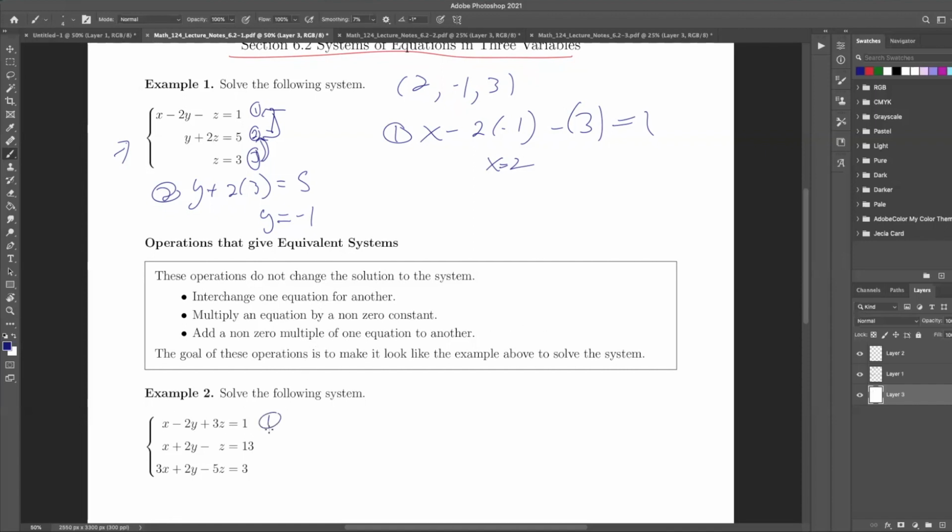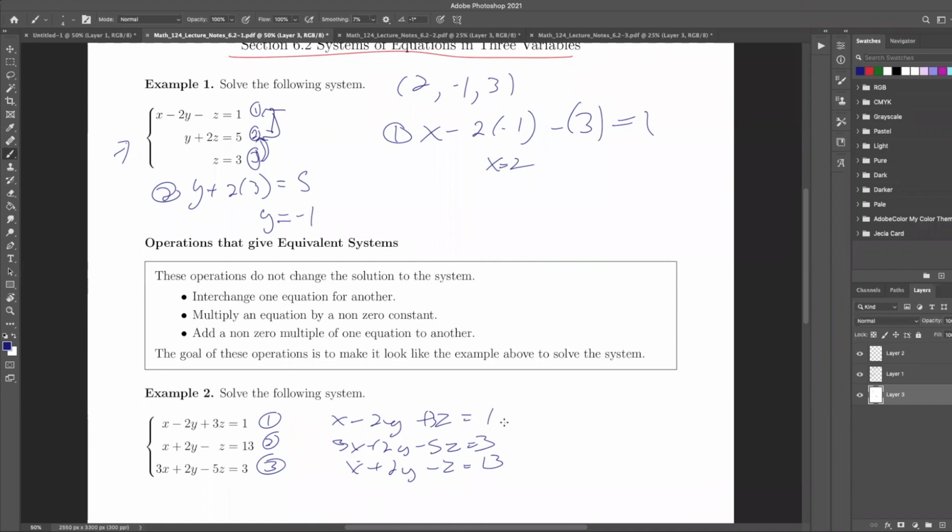If I have equations 1, 2, and 3, and I move this equation up to position 2 and move this from position 2 down to position 3, I write this as x minus 2y plus 3z equals 1, 3x plus 2y minus 5z equals 3, and then x plus 2y minus z equals 13. Notice, if I just switch the positions here, whatever would solve this would also solve this. I haven't really done anything. I just moved stuff around, okay?